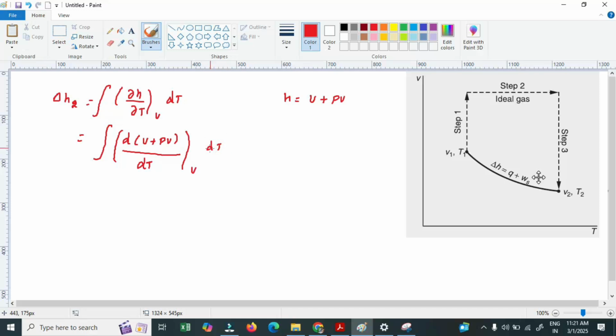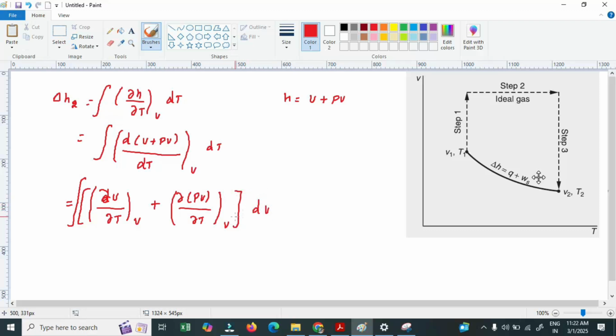Again this equation can be written as integral of dou U by dou T at constant volume plus, don't forget the integration symbol, dou PV divided by dou T at constant volume dT.